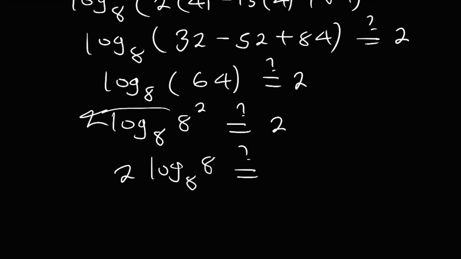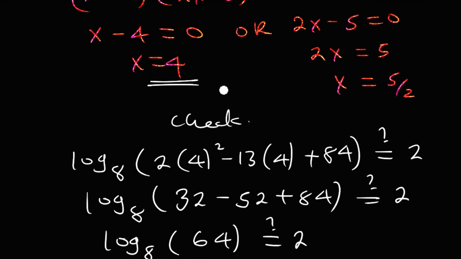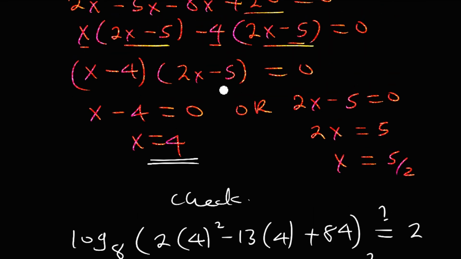Remember, when the base and the number are the same, then that log is equal to 1. So we have 2 times 1, and we check if that is equal to 2. So 2 times 1 is 2, and actually both sides of the equation are equal. So it means this solution here is correct. So you can check the other solution and see if it is also true.